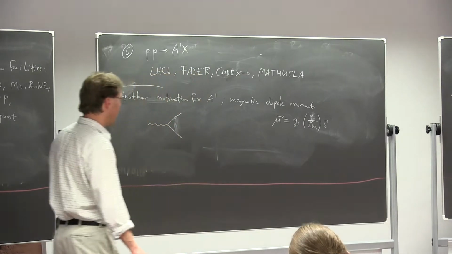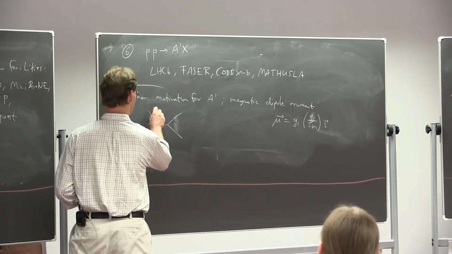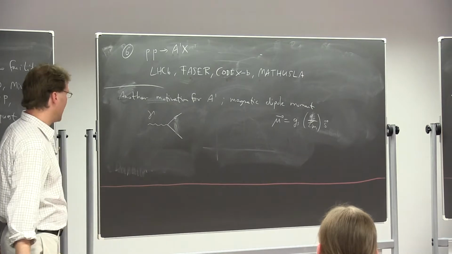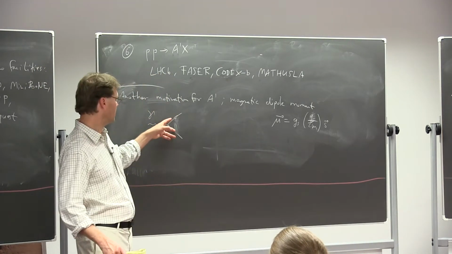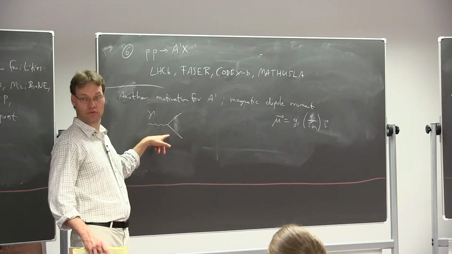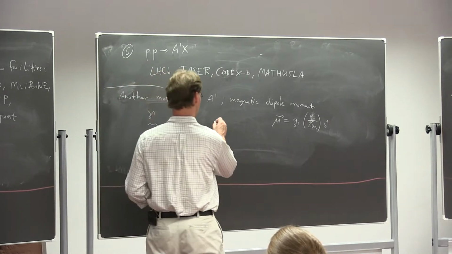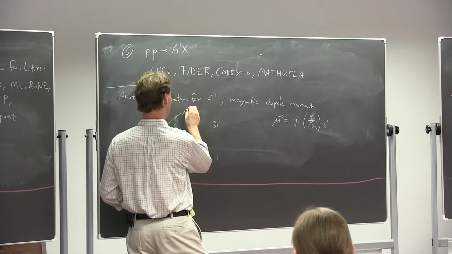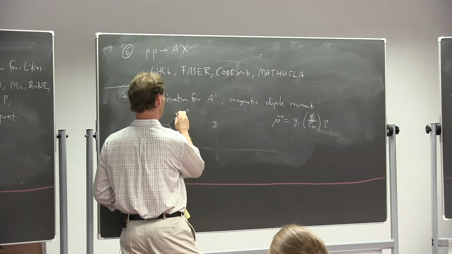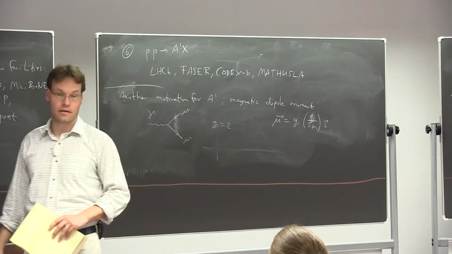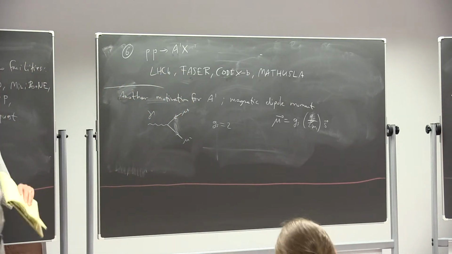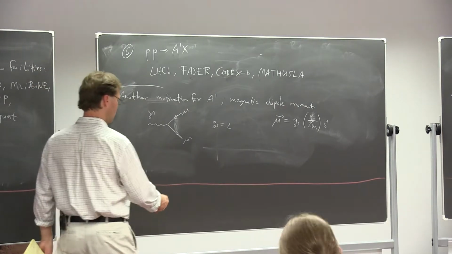And the diagram that does this calculation is basically this diagram here. Back in the 1930s, the answer you get for what this contribution should be is that at leading order, at tree level, let's take the muon, the g should be 2, at tree level. Now, of course, it's not 2 because there are corrections. Corrections come in many different forms.